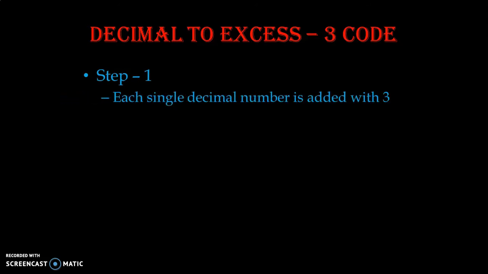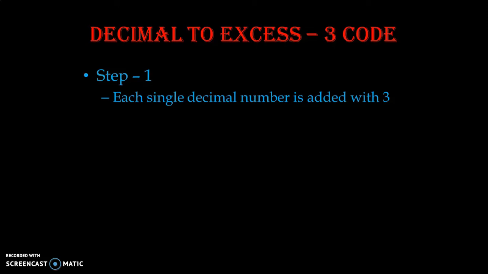Now let us see the steps to convert any decimal number into XS3 code. Step number 1: each single decimal digit is added with decimal number 3, because the name is XS3.